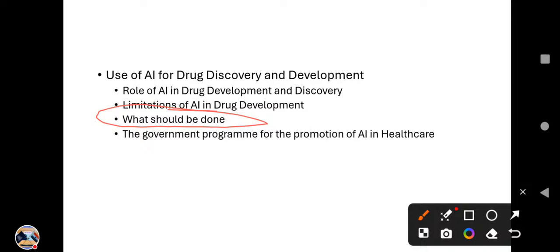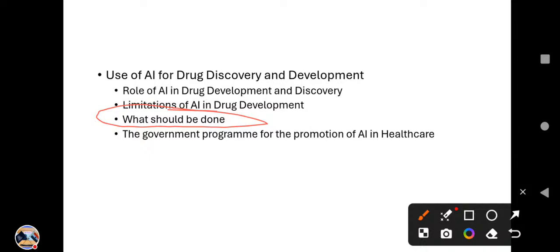So, government programs such as Ayushman Bharat, Digital India Mission, okay, and Human Genome Project, and Health Stack, IndiGen program. Okay, and also you can use the ICMR, Indian Council of Medical Research guideline of use of artificial intelligence in healthcare.